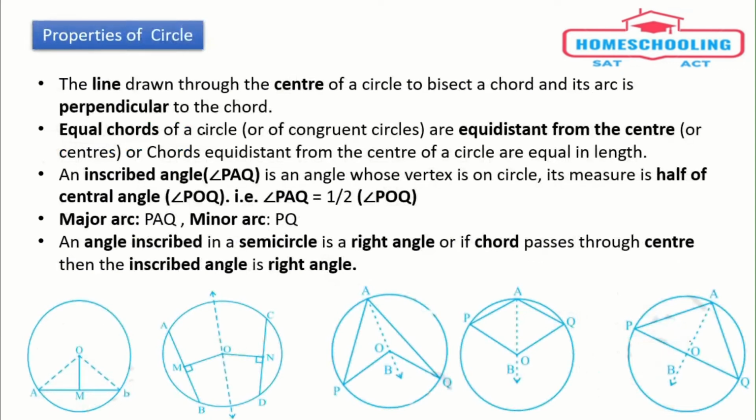Next, properties of circle. The line drawn through the center of a circle that bisects a chord is perpendicular to the chord.